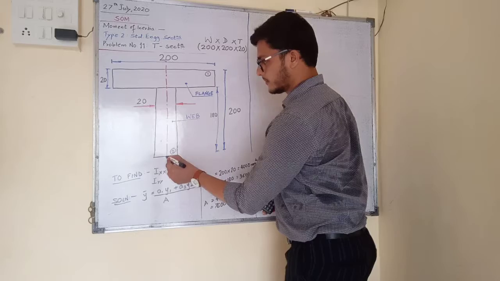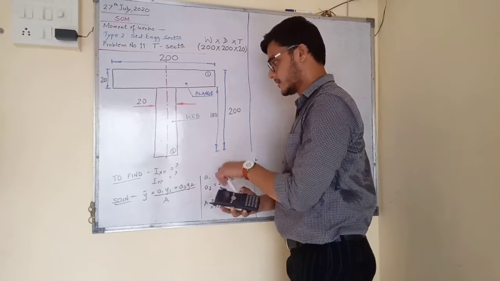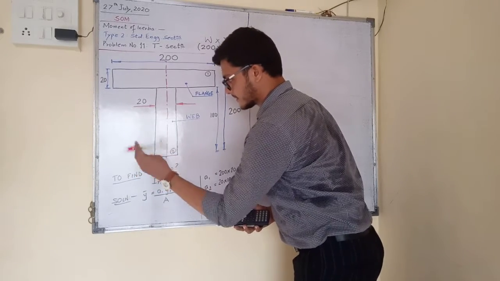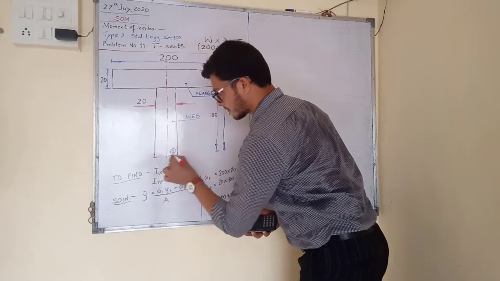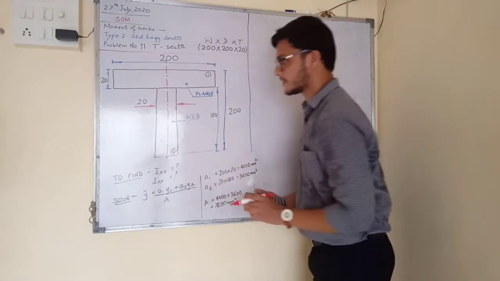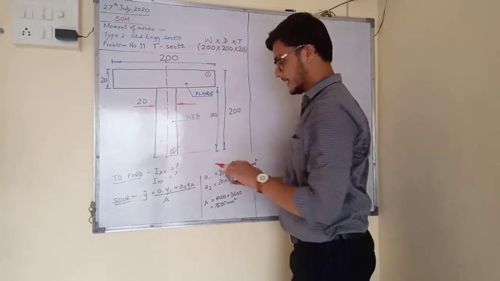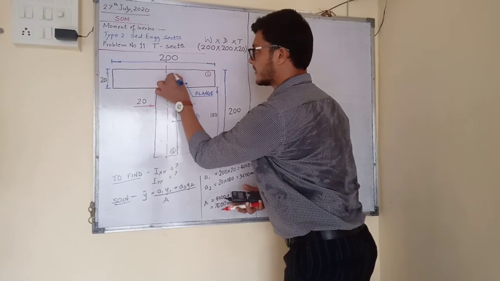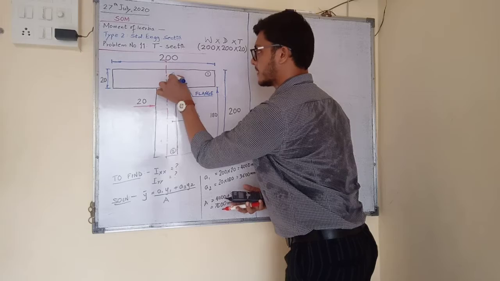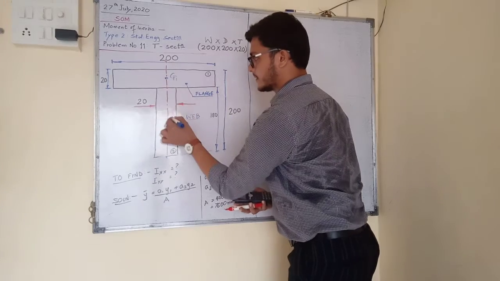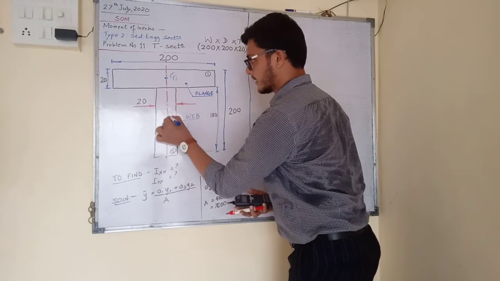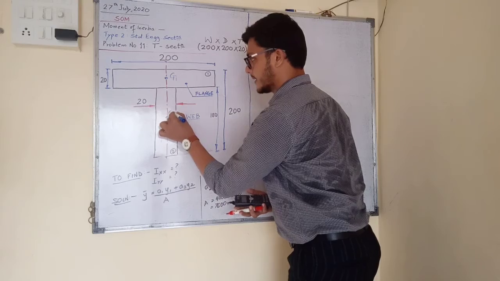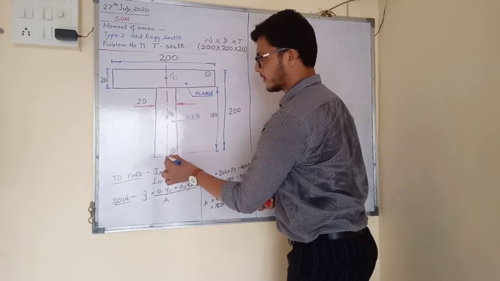Now y1 and y2, how much will be y1 and y2? y1 from bottom, I am making one axis over here, reference axis. This is the reference axis passing from bottom till G1. This is centroid of rectangle 1, G1, and this will be the center of this rectangle where the diagonals meet, G2. So y1 will be from bottom to G1.